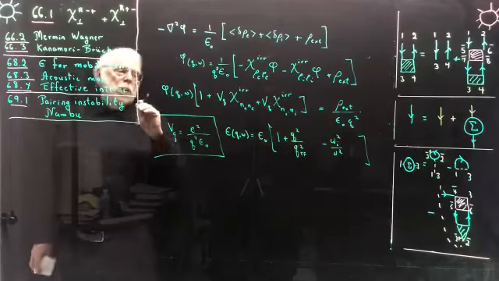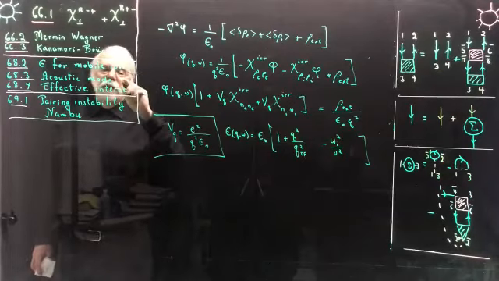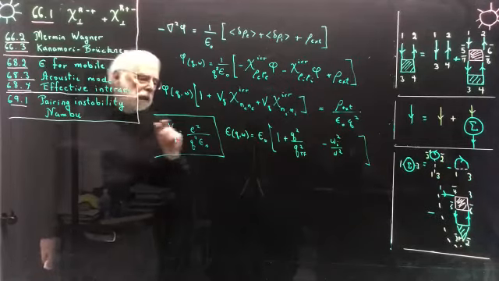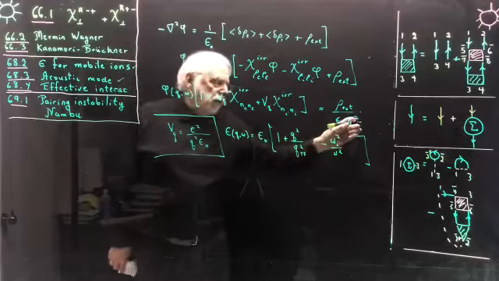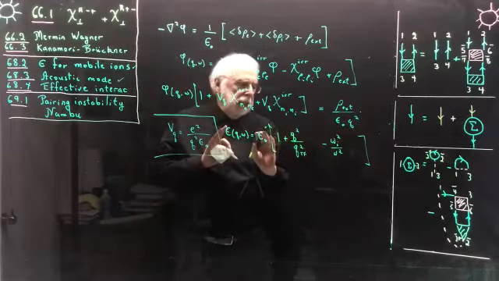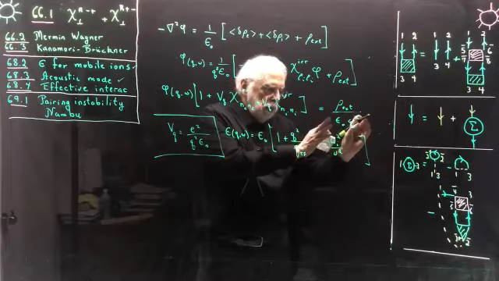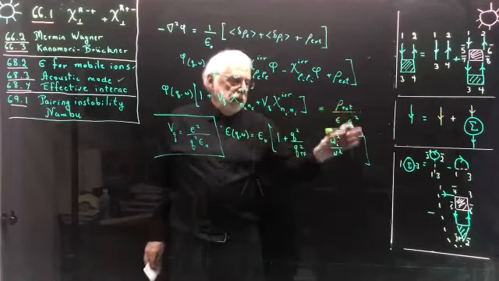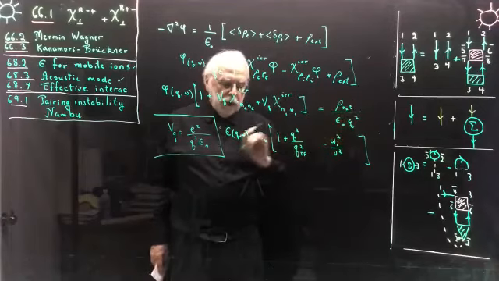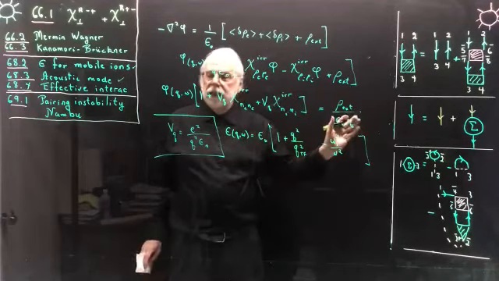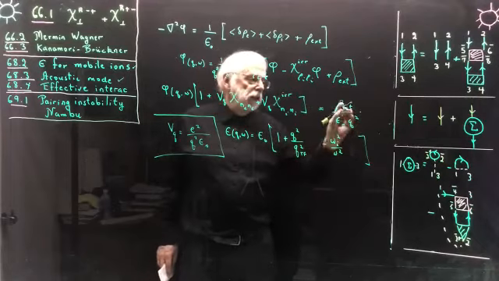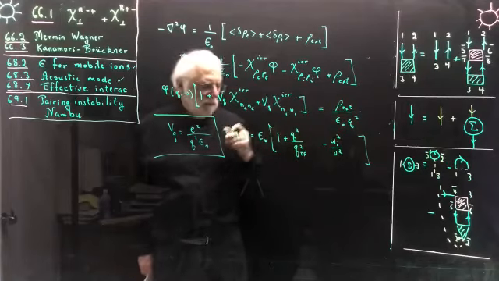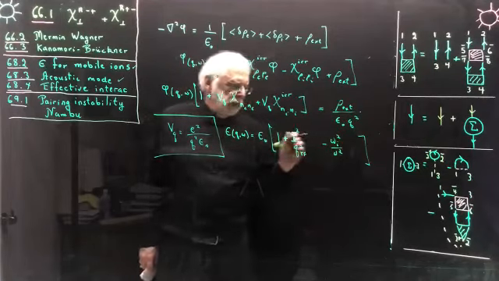Now I will show you how we get the acoustic mode. If you look at this dielectric constant, that's what should go in the denominator. When do we have a collective mode here? We have a mode when the dielectric constant vanishes, right? When the dielectric constant vanishes, you don't need some external charge to get some oscillation. So let's look at where this is 0.